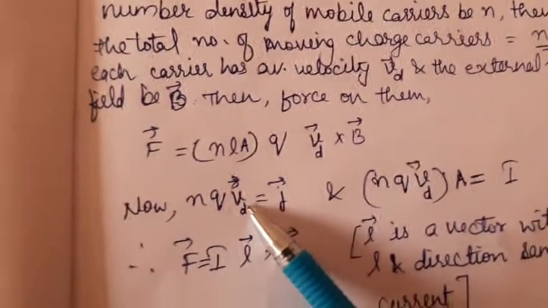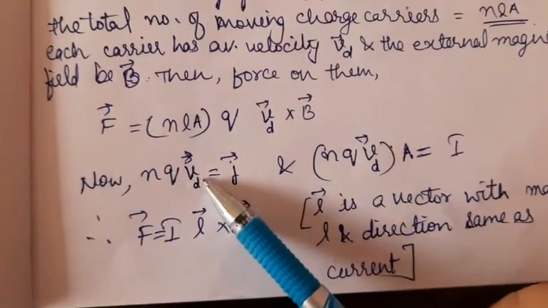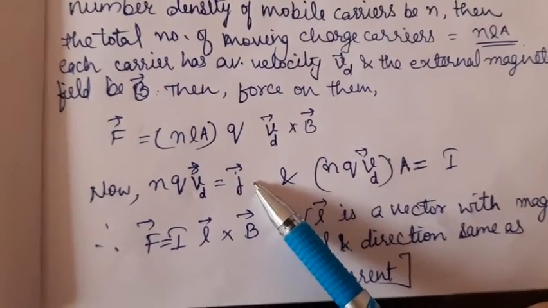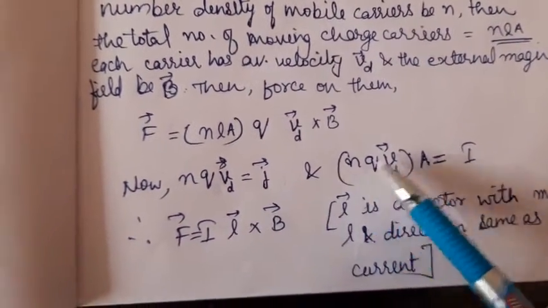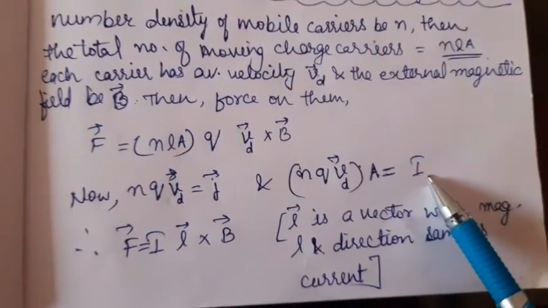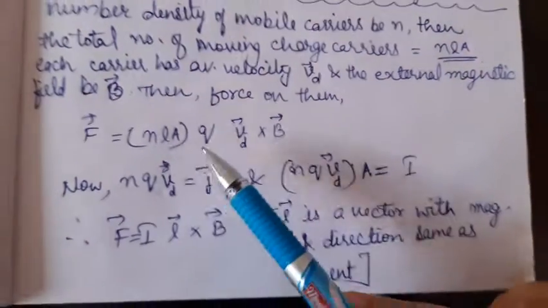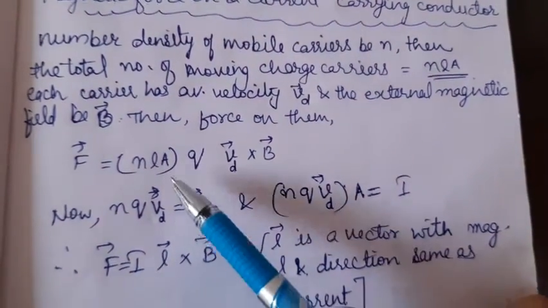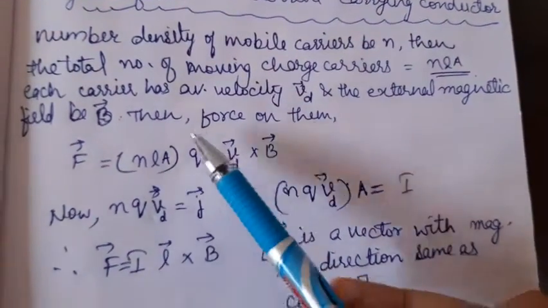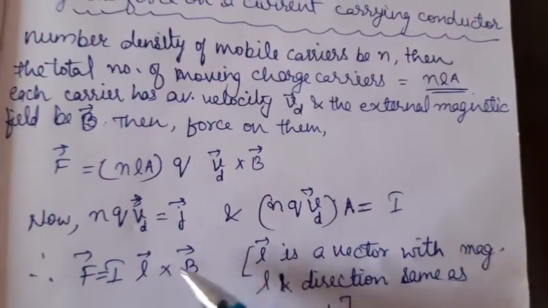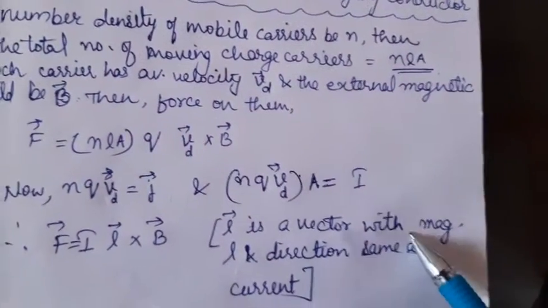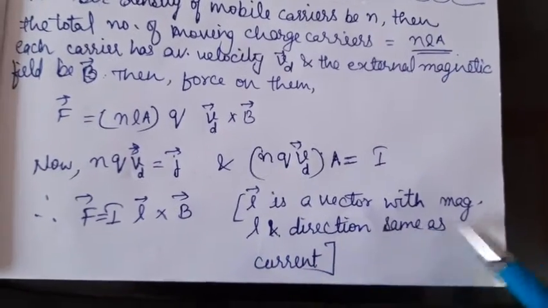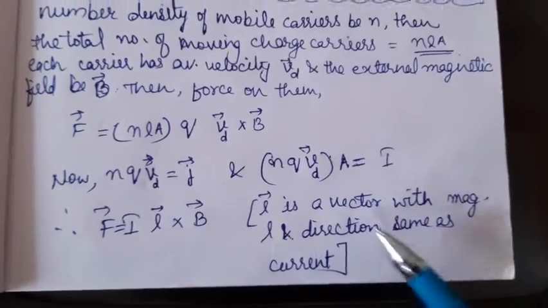Now from previous discussion we know that nQVd is vector J, the current density, and nQVdA is current I. So we can write nQVd into A as I, and L cross B. Here we have taken vector L, a vector having magnitude equal to the length of the conductor and direction the same as the direction of current.